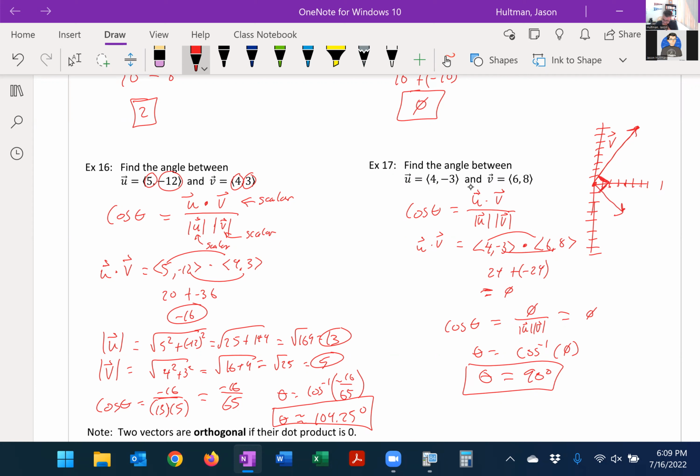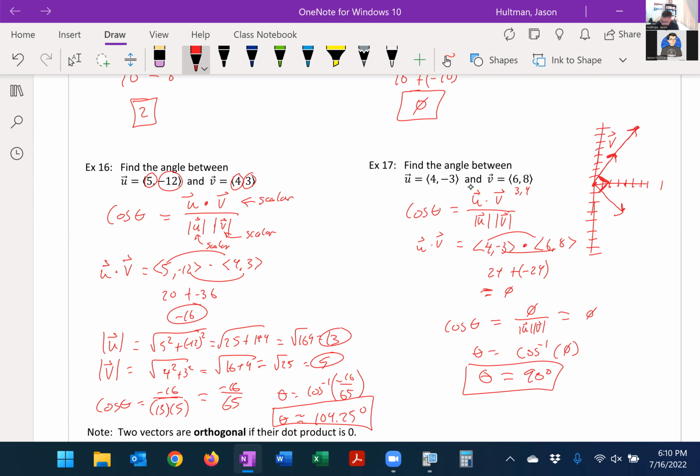You could multiply this vector by 1/2 as well, and you would see that this is 3, 4, which is on the way to 6, 8. It's just halfway. And so the 4, negative 3 and the 3, 4, they do, in fact, create a 90-degree angle.